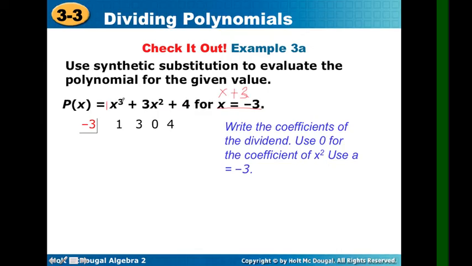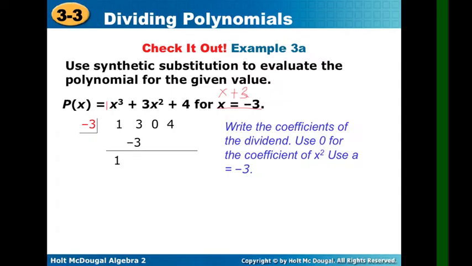Since our polynomial is cubic, the next term should be x, but there is no x, so we put 0, and then 4.